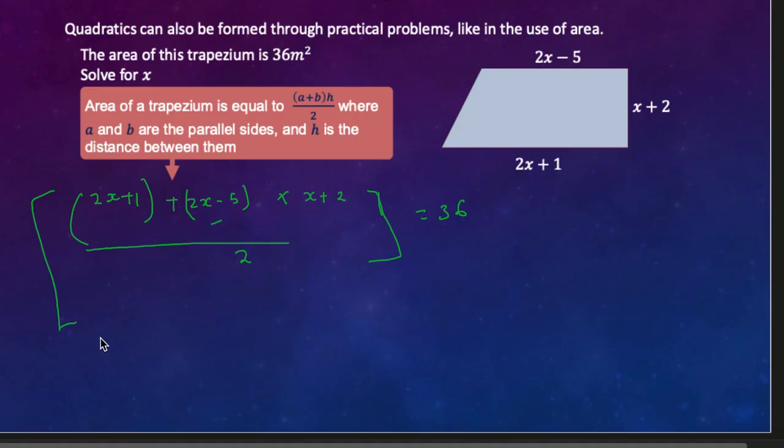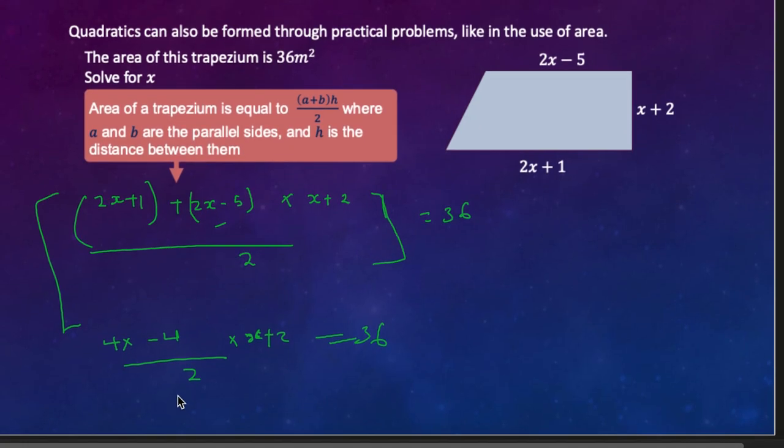So this will be 4x minus 4, over 2, and then times x plus 2. Sorry, I'm writing the x like this just to show the difference between the multiplication sign and the x. You have to be careful with that. Equals 36.